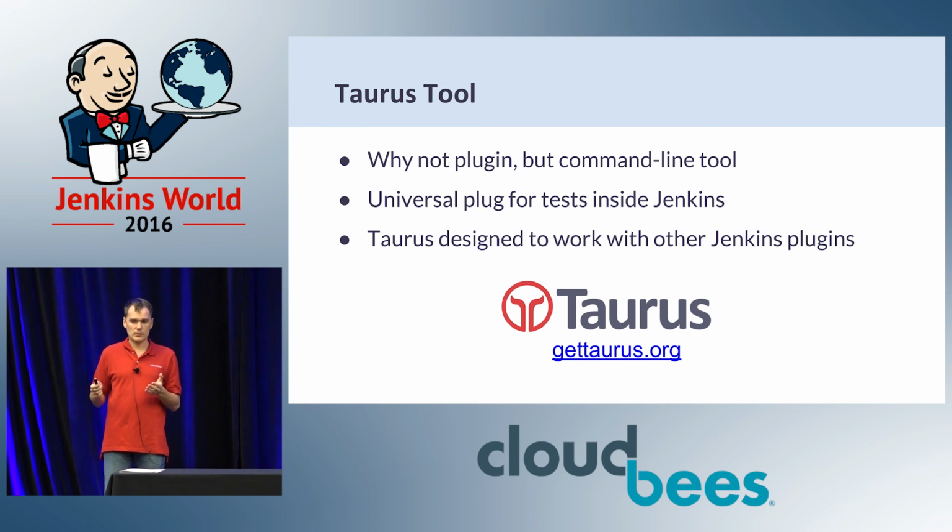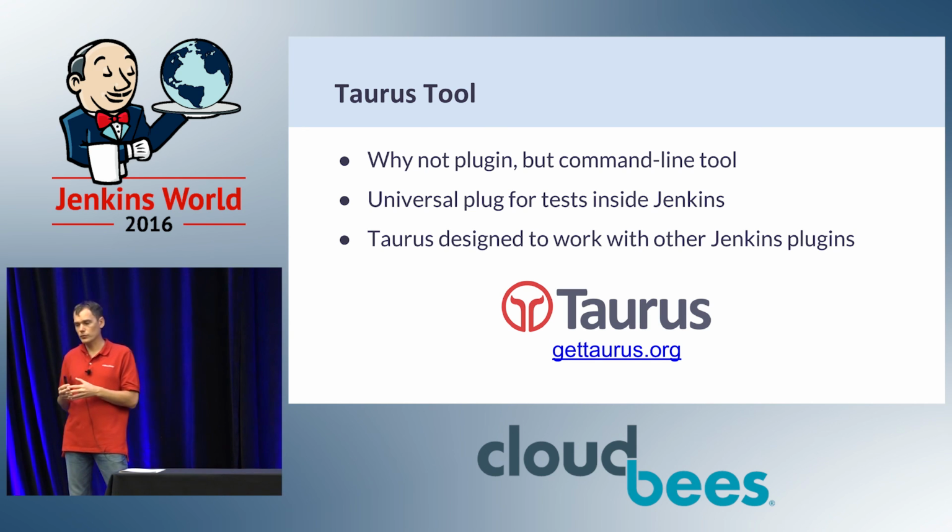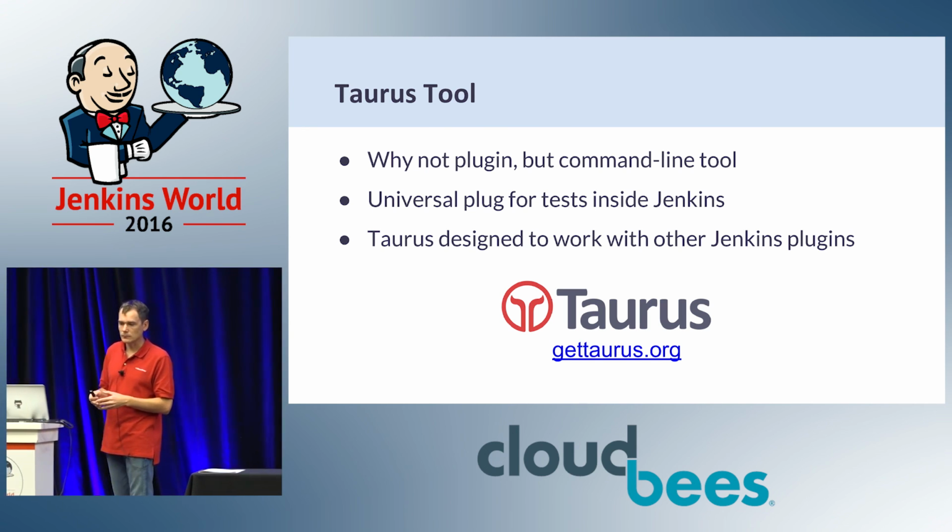The Taurus tool is built with specific features to interact with Jenkins plugins. The only way to interact with them is to generate artifacts for them. This is the Jenkins approach. Taurus is able to generate specific artifacts, like for the plot plugin, there is a specific way to export data and take it from the plot plugin. And this is the integration between the Taurus tool and Jenkins plugins.